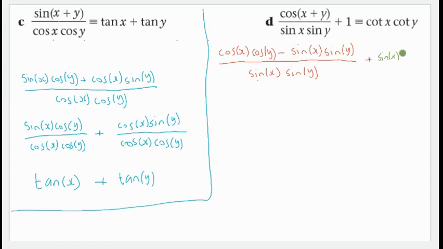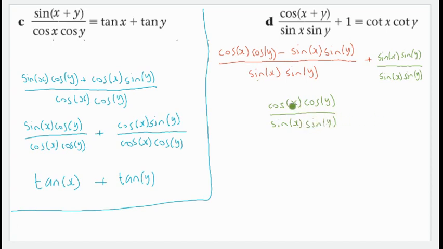So the purpose of that is to make the denominators the same and we can add. When we add the fractions, we end up with cos x cos y, but then the minus sine x sine y plus sine x sine y, they will cancel. So you have cos x cos y all divided by sine x sine y.